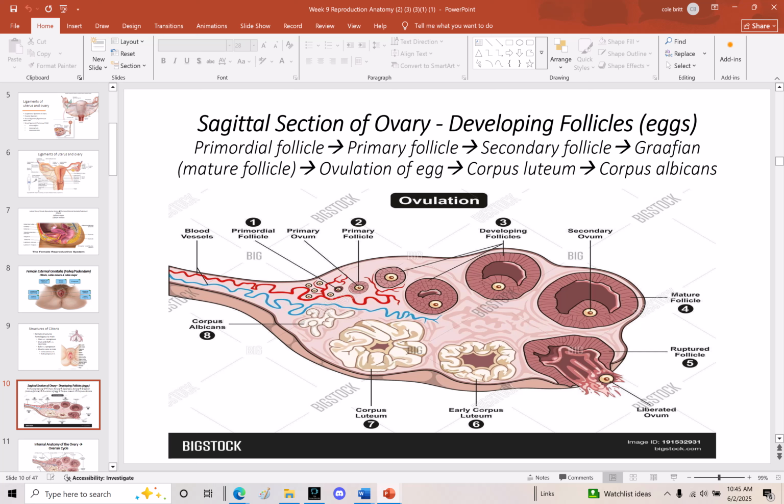Until you die. Absolutely right. Now, will the sperm count decrease? Yes, mostly because of a decrease in testosterone. We'll talk about that. But you ladies stop ovulating at some point. It's called menopause, right?